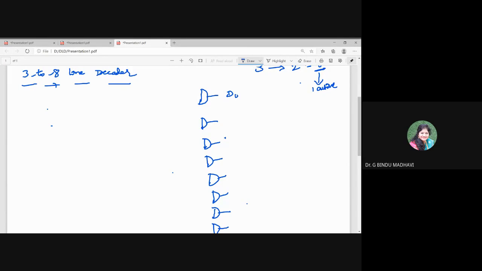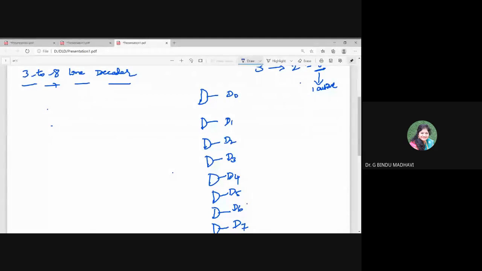Each output is represented as D0, D1, D2, D3, D4, D5, D6 and D7. For these 8 outputs, input connections should be there.